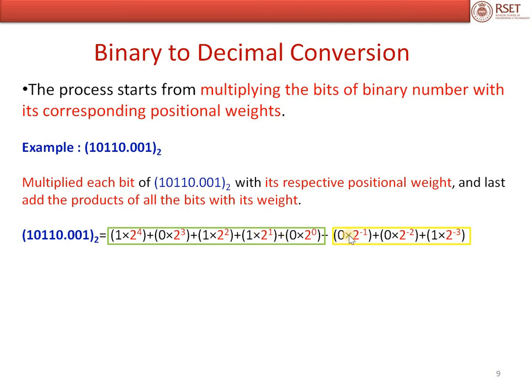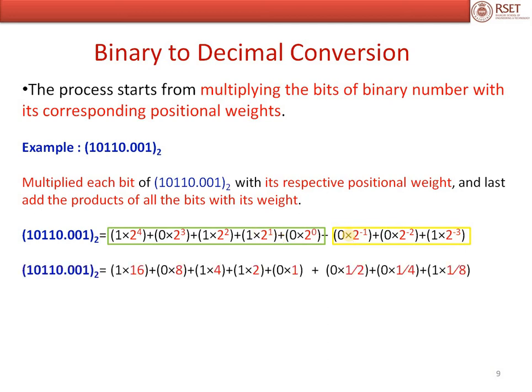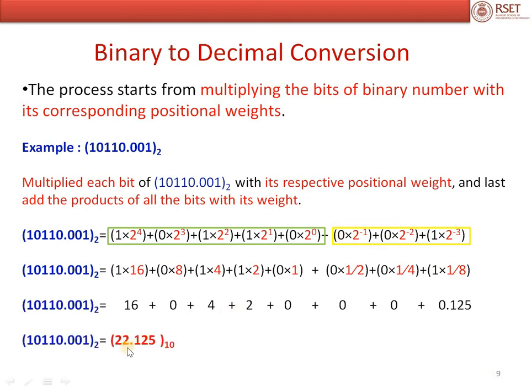And by computing this value, we will get the corresponding decimal number, that is 22.125 in decimal. So this base indicates the 10 decimal number system. So this is the process of converting a binary number to a decimal number.